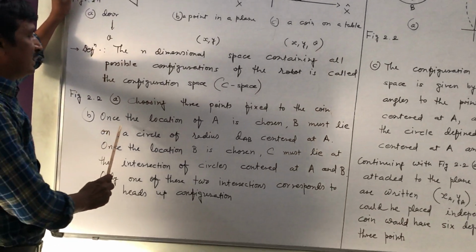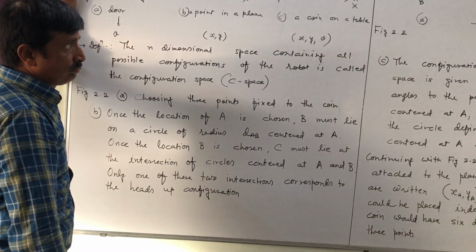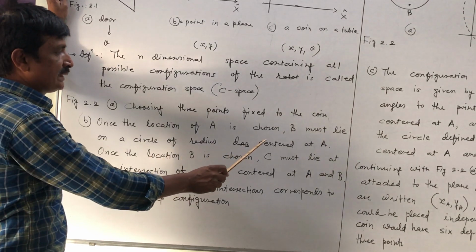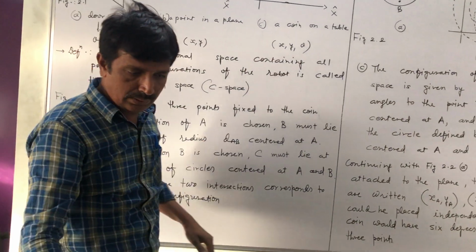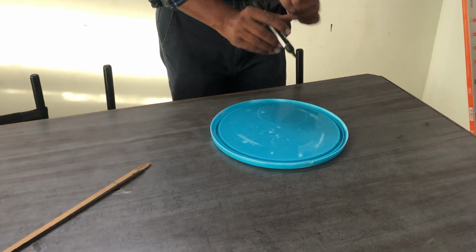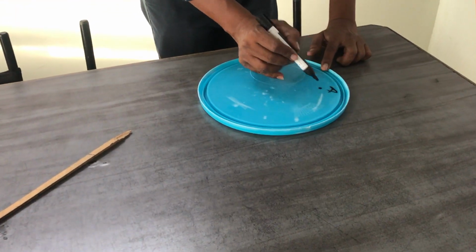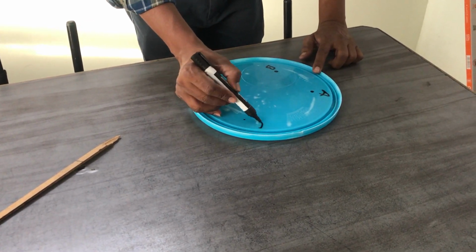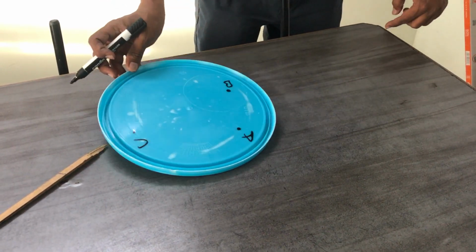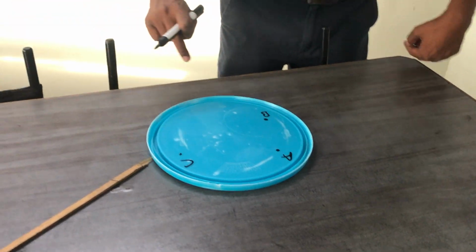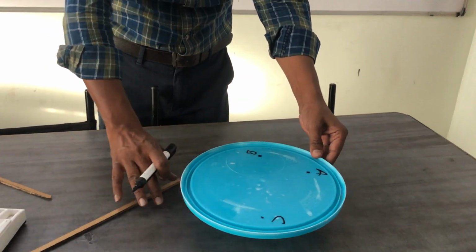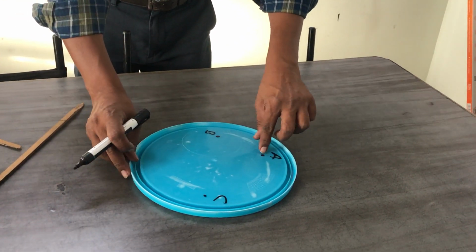Now 2.2b, once the location of A is chosen, B must lie on a circle of radius DAB centered at A. For example, suppose this one is the coin and there are 3 points, say A, B and C. Suppose this one is the xy plane, this one is the x-axis, this one is the y-axis. So we can fix point A at any arbitrary point.